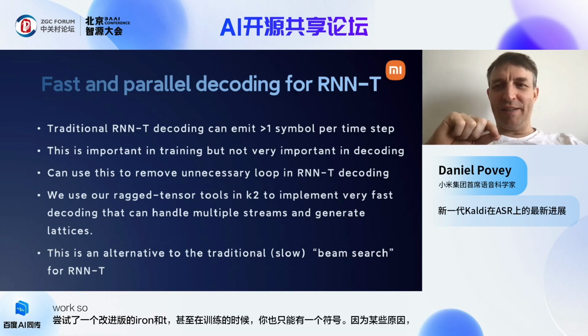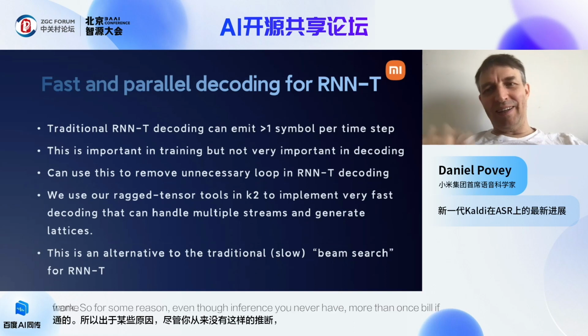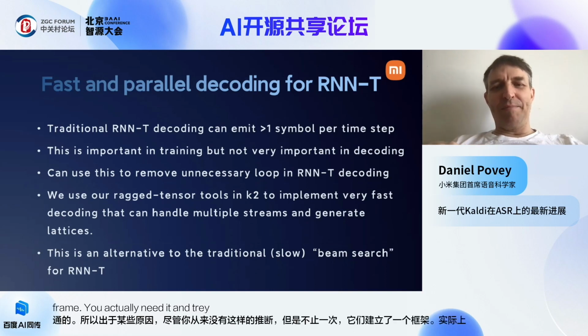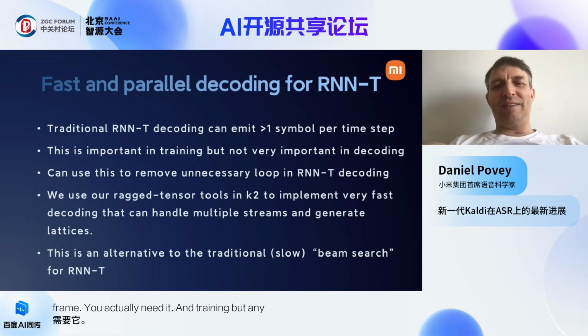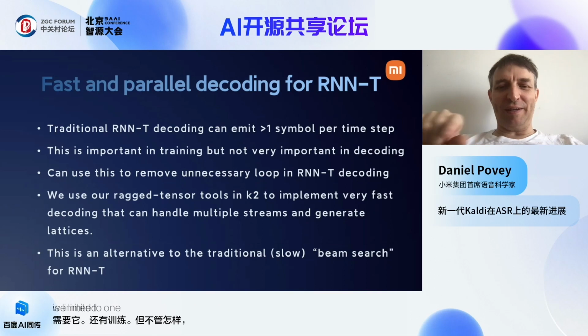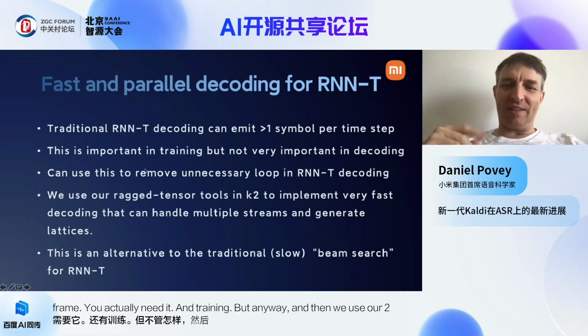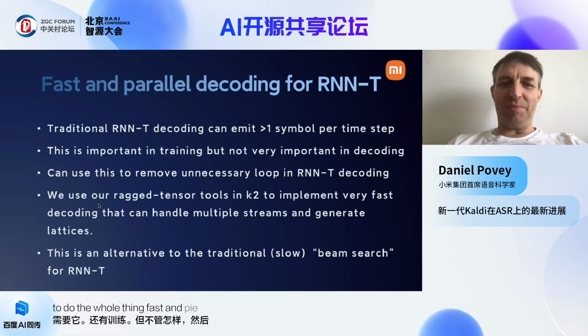So even though in inference, you never have more than one symbol per frame, you actually need it in training. But anyway, the way that we speed up RNN-T decoding is we limit it to one symbol per frame. And then we use our K2 ragged tensor things to do the whole thing fast in parallel on the GPU.